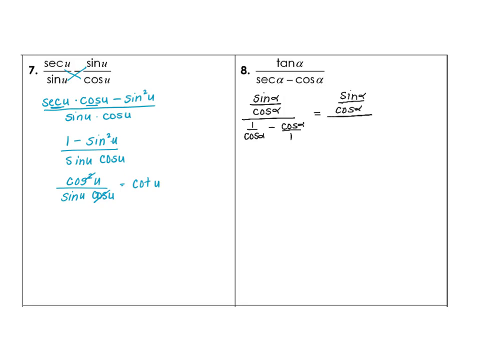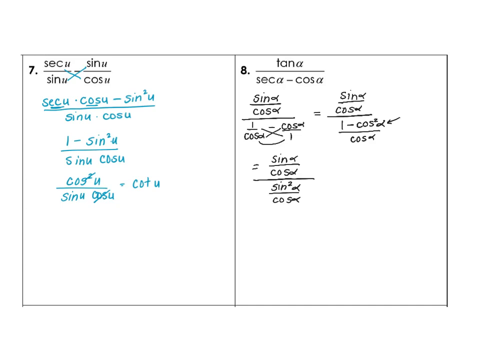But in the denominator, again, we can do our cross multiplying, so we're going to have 1 minus cosine squared alpha all over cosine times 1, so cosine alpha. And we can do some changing out with our trig function here because this portion is going to be sine squared. So I'm going to bring over the numerator over cosine alpha. All of that is over sine squared alpha over cosine alpha.